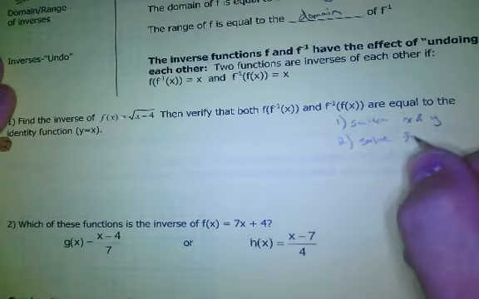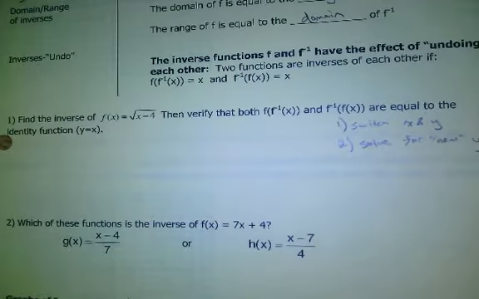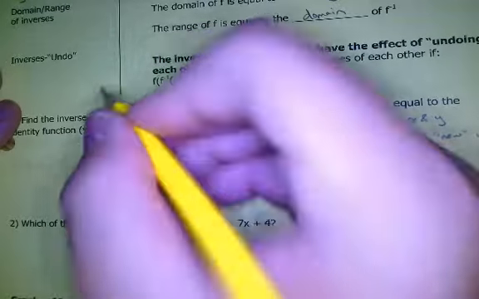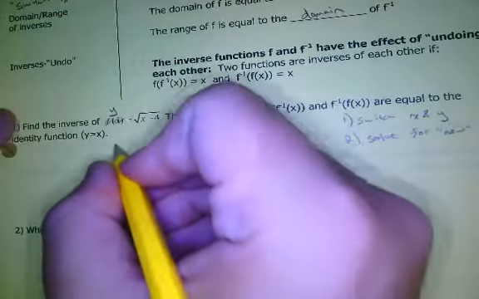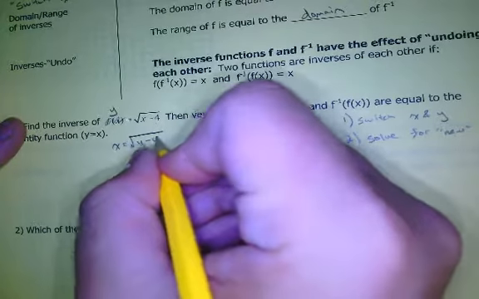Then you're going to solve for the new y. When I switch x and y, I don't see a y up there. What is y? It's f of x. It's the same thing. So this is really like a y. So I'm going to switch them, and it becomes x equals root y minus 4.